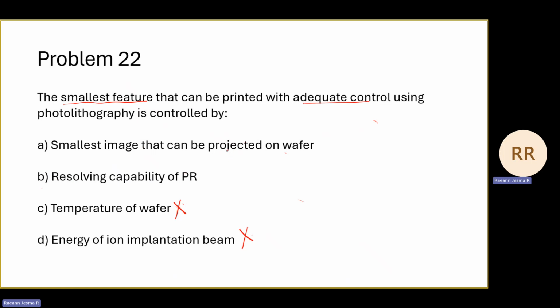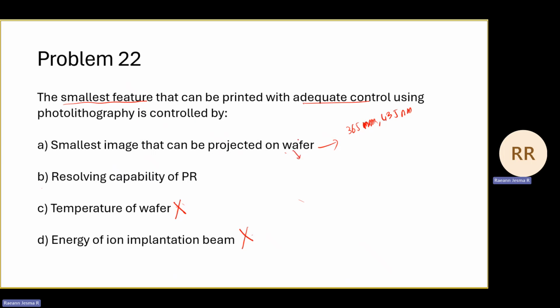So we can control the smallest image that can be projected on the wafer. One way is by using different wavelengths in photolithography, like 365 nanometer, 435 nanometer, and maybe 208 nanometer or so. As we decrease the wavelength, we can control the size of the image that can be projected on the wafer.